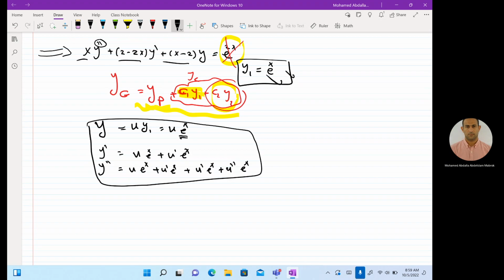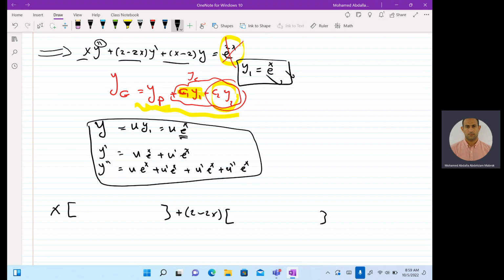So now we put x here, and then the y double dash. I always like to do it this way. Plus 2 minus 2x, just to make sure that I put the brackets, because the brackets are the devil here, so let's make sure that we put them.